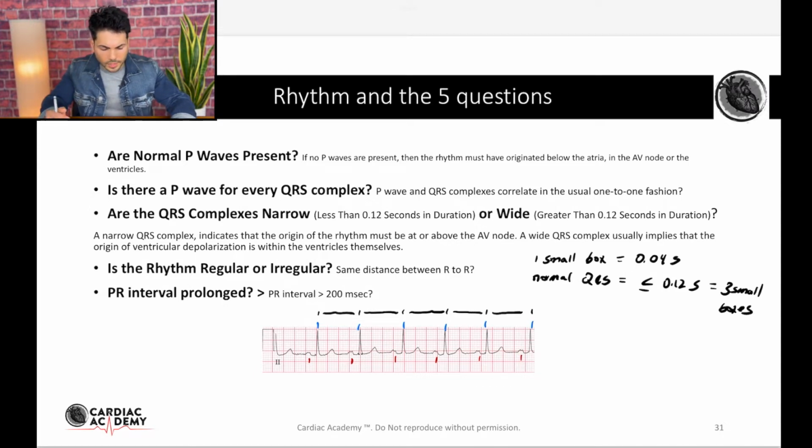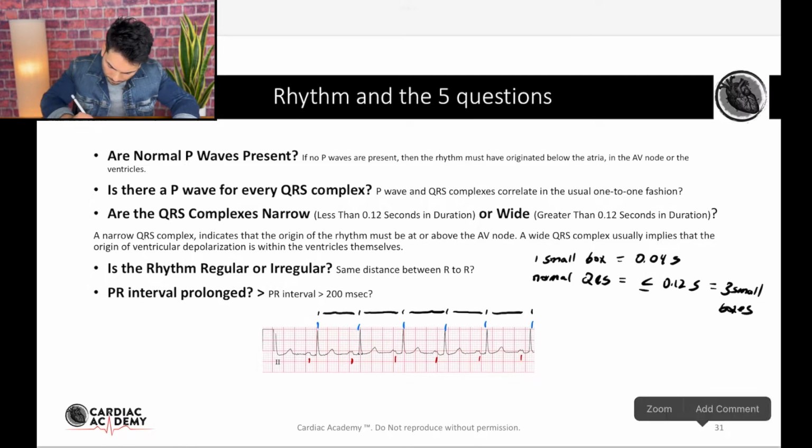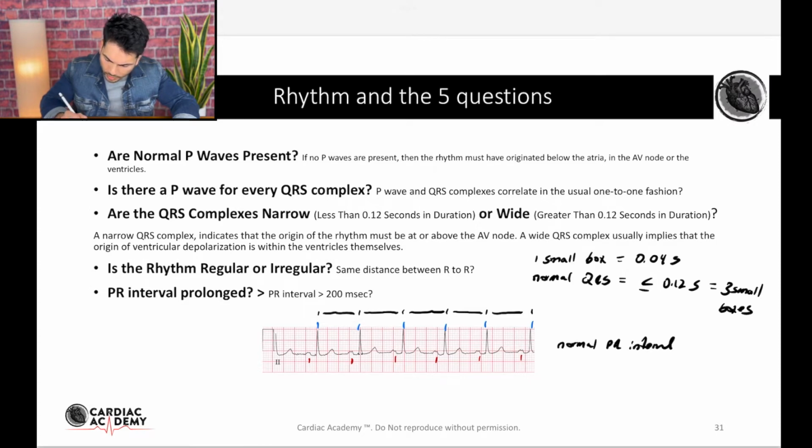Very good. And finally, we look to see whether the PR interval is prolonged or not. And a normal PR interval should be equal or less than 200 milliseconds, or 0.2 seconds. So that means that it should not be longer than 5 small boxes.